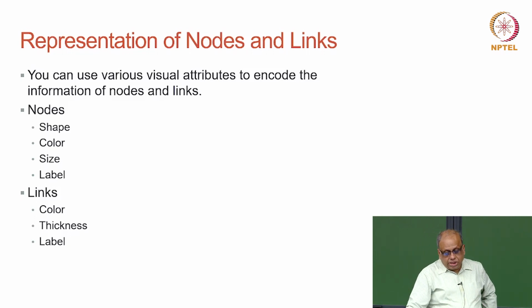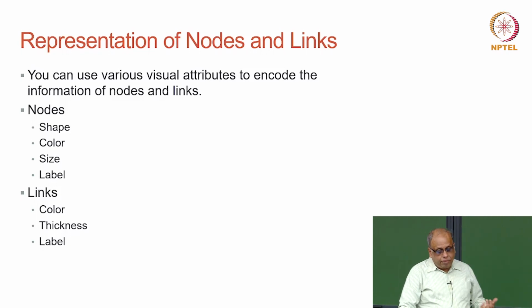So how can you represent the nodes and links? The simple way is using a node and link diagram, and then you can use various attributes. Nodes have information, not just a position. For example, in a social network graph the nodes represent people, and in a telecom network the nodes will represent, for example, phone numbers. Each of the nodes will have some attributes.